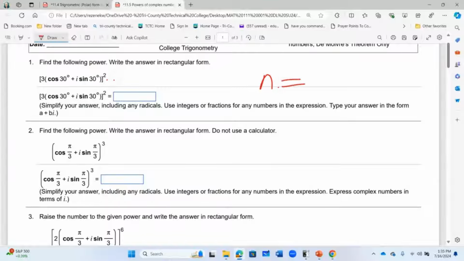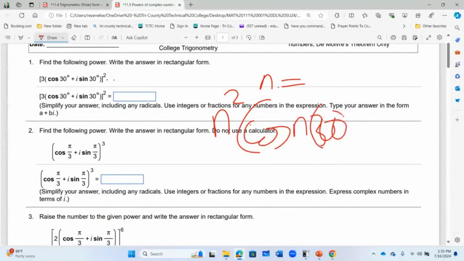If this is r, you can now say that you multiply r to the power n into cosine of n times the angle in the middle, plus i sine of n times the angle in the middle. All right, so now let's multiply this.